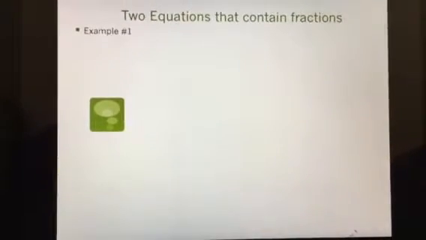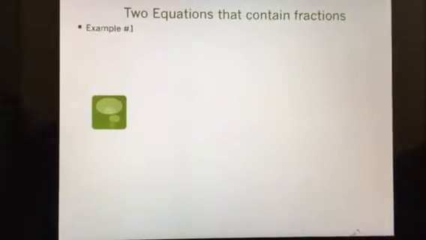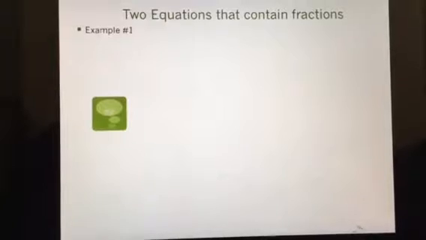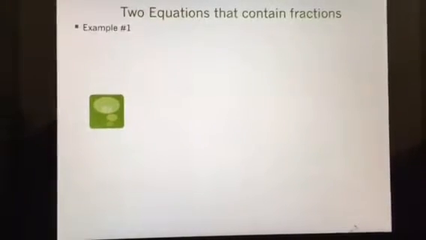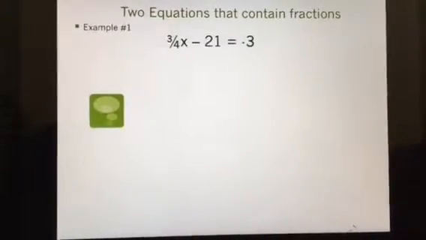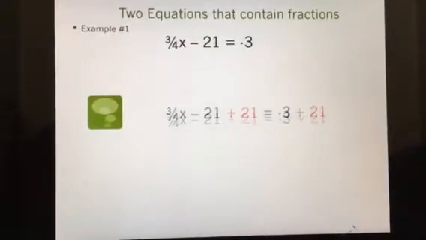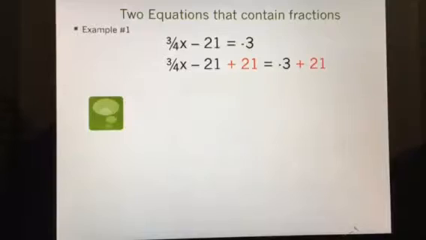Alright, the first thing we're going to do is to make sure we balance out the equation with the variables on one side and the coefficients on the other. So we're going to look at negative 21 first. I'm going to add 21 to both sides because what I do to one side, I have to do to the other.